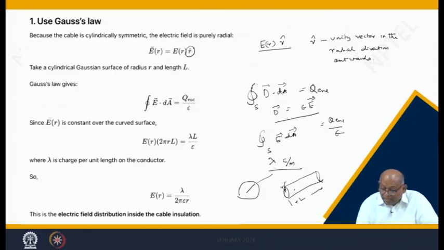So, twice pi r L is the total surface area multiplied by E r, and lambda into L is the total charge, divided by epsilon. So, L cancels. This now becomes the electric field because of the charge density lambda. This is clear. Lambda, in coulomb per meter, is called the linear charge density, line charge density, because it is a cable.